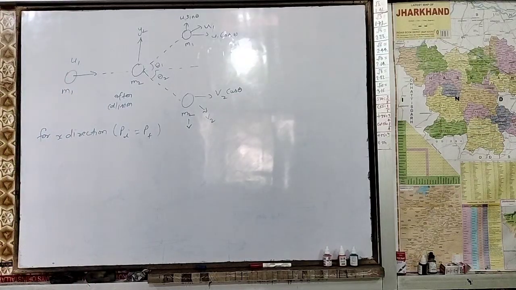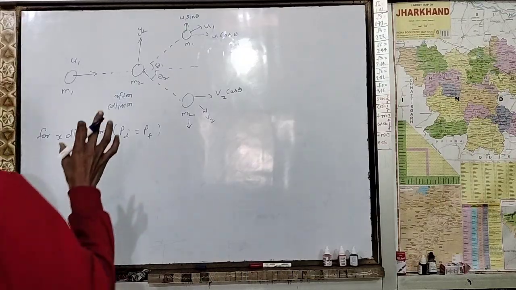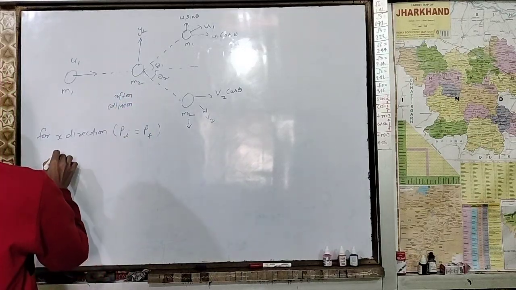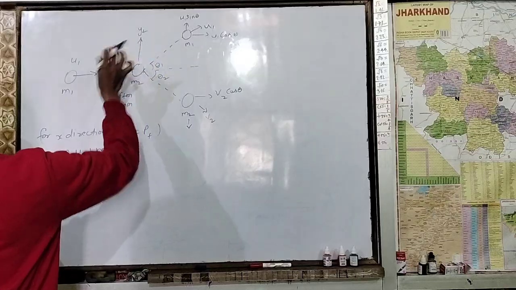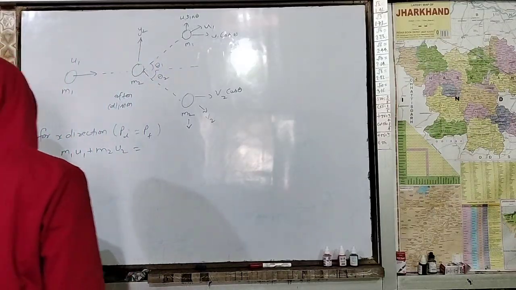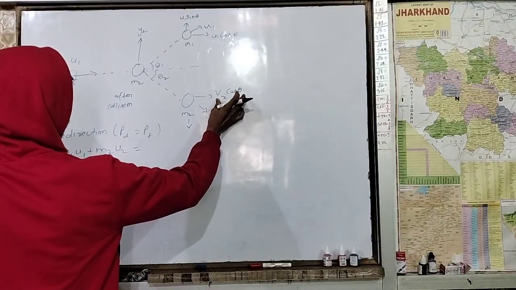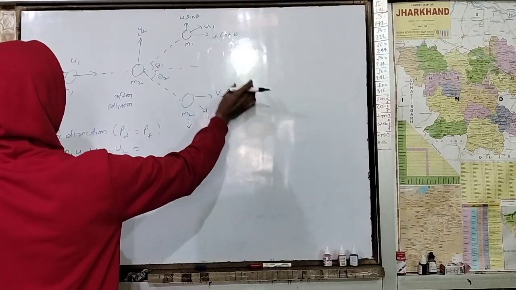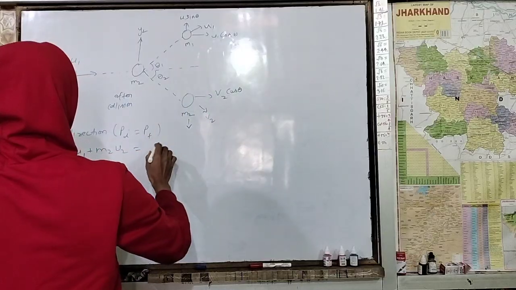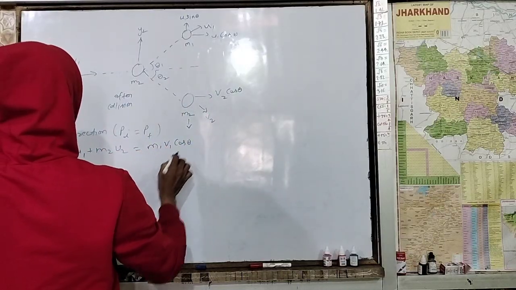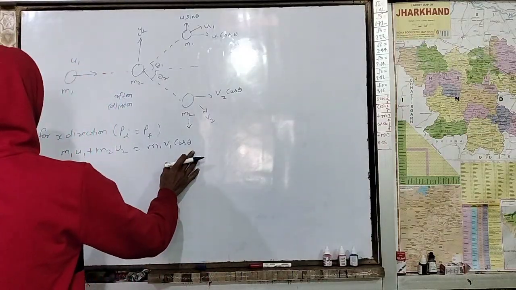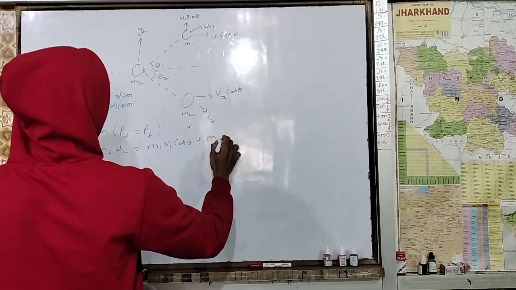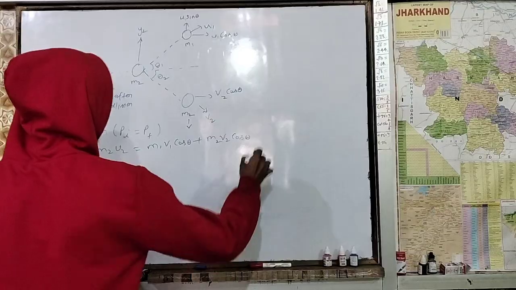We just broke the components of v2. Now for the x direction only, m1 u1 plus m2 u2 is equal to the horizontal components: m1 v1 cos theta plus m2 v2 cos theta. We are talking about momentum. This is our first equation.